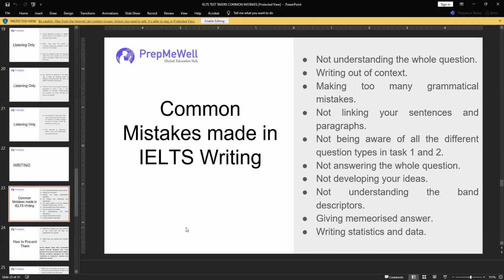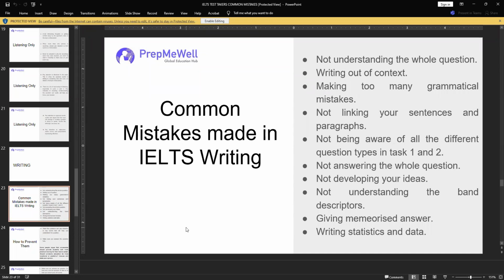Then I have, not answering the whole question. Now, in fact, you will see this in the band descriptors for the writing, right? I can't remember which, I think maybe a band 6 or band 5, where they wrote that the test taker did not fully answer the question, right? So you must make sure, I'll be using more of Task 2 to explain this.